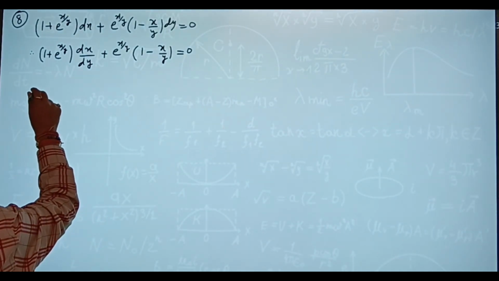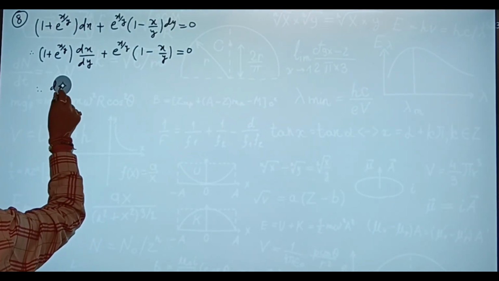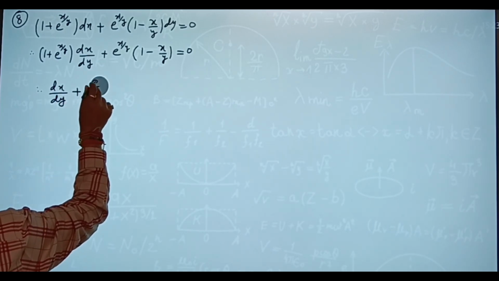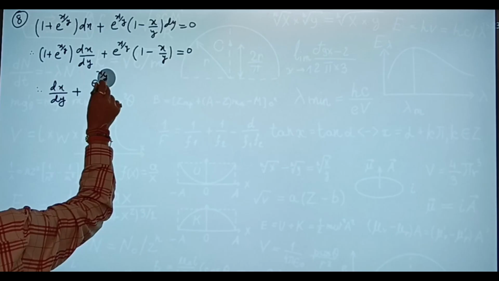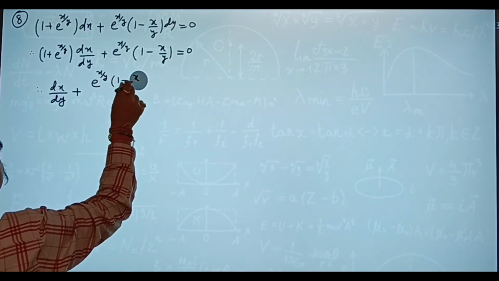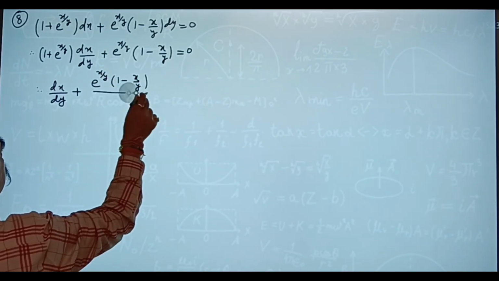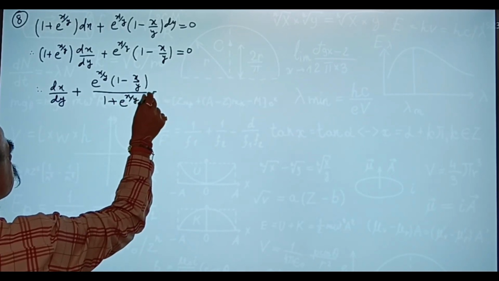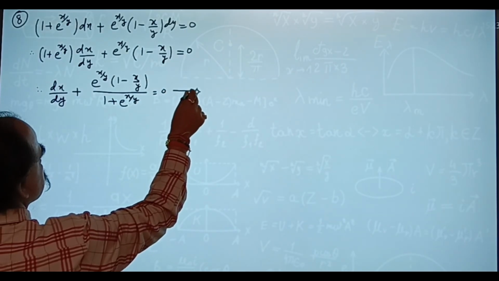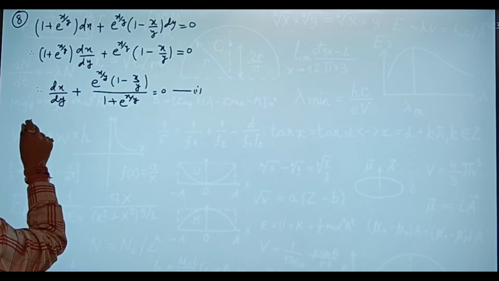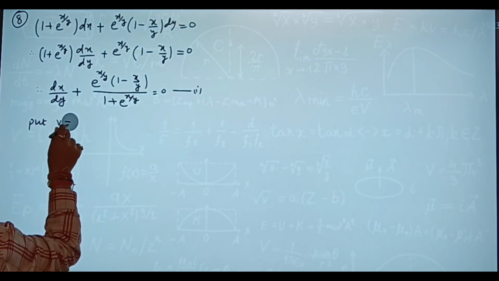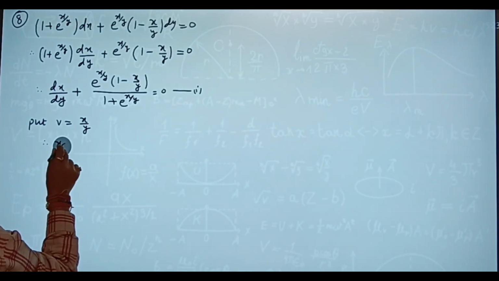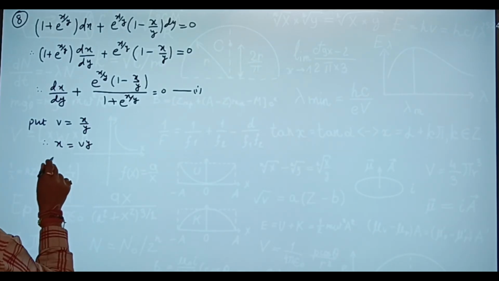Therefore, dx by dy plus e raised to x by y into (1 minus x by y) upon 1 plus e raised to x by y. Put v is equal to x by y, so x is vy.